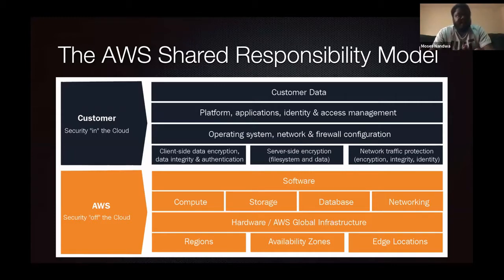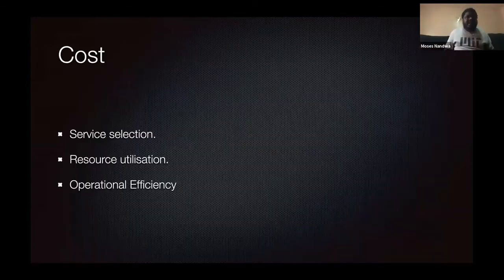So going to the next thing, which I'll say is cost, I'd like to say this: the cloud is more or less like a very nice hotel that has everything in place. You'd go to that hotel, you'd order that food, the waiter will not ask you whether you have money or not, but at the end of the day, you'll be presented with a bill.